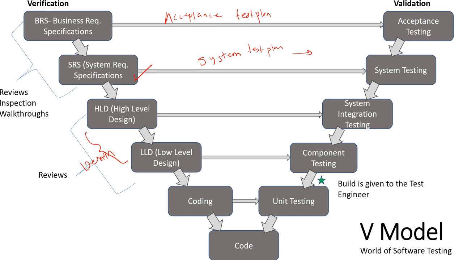It typically consists of the list of modules, the brief functionalities of each module, their interface relationships, dependencies, database tables, architectural diagrams, technology details, and many more things. The integration testing model is carried out in this particular phase. So this is the HLD.